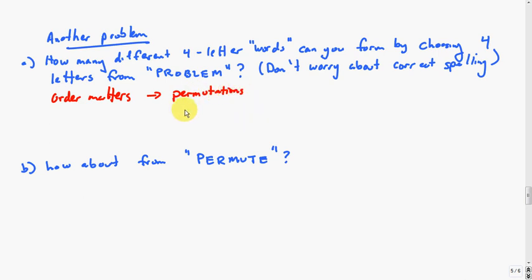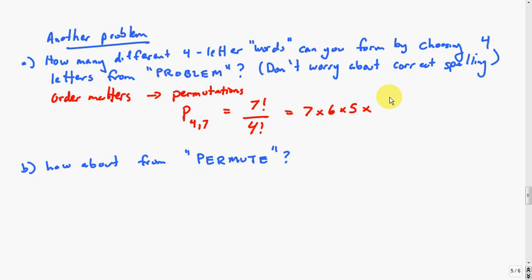And we would say, okay, it's going to be P(7,4), which is going to be 7 factorial over 4 factorial, which is 7 times 6 times 5 times, I think I've got that wrong, because I want it to be 7 times 6 times 5 times 4.